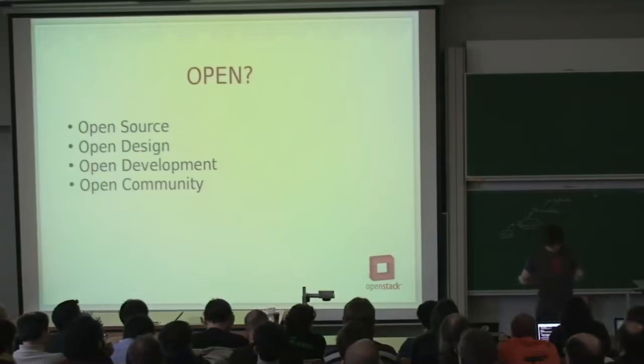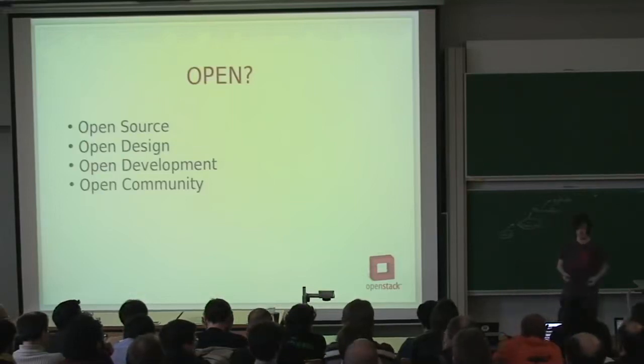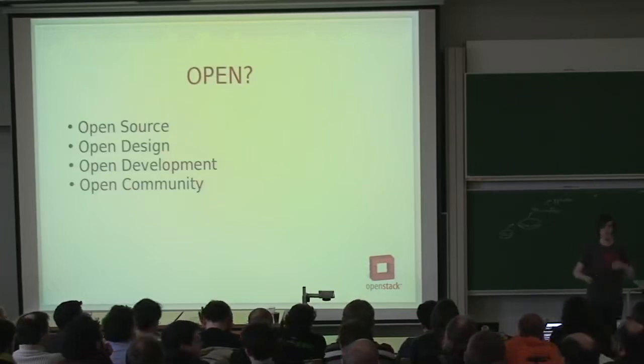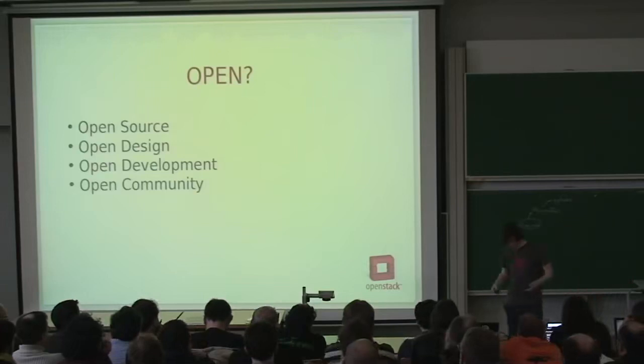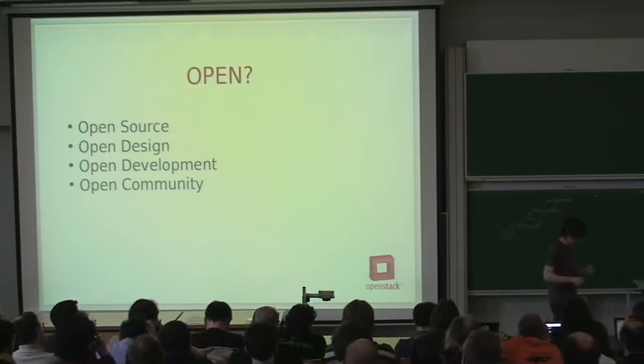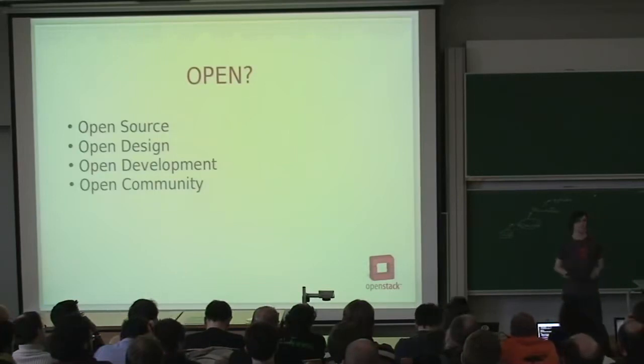So open design. Everyone can propose features. Everyone is free to work on features, more than free to work on features, and give input on how we're going to do this and that and solve different problems. Open development. You can do open source in many ways. I suppose it counts as open source if every 6 months you publish a tarball.